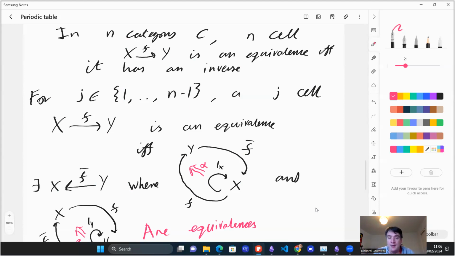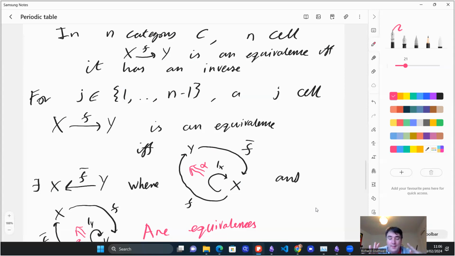But what if you're lower dimensional? Well, then we'll say that something lower dimensional, like a j-cell f, is an equivalence when there's another cell going in the opposite direction, f bar, and f composed with f bar is like an identity, but up to equivalence. And similarly, f bar composed with f is like an identity up to equivalence.